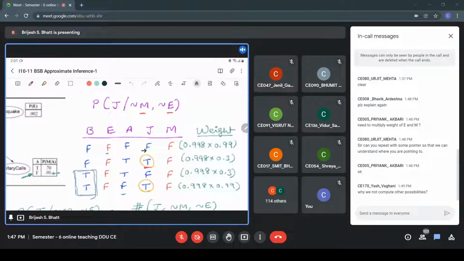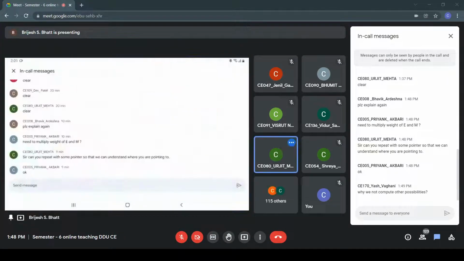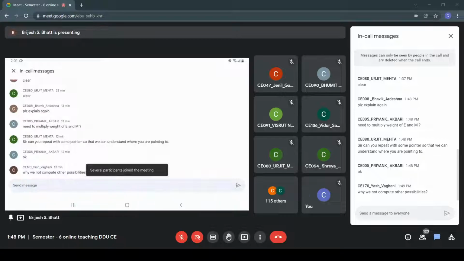So given that A is false, Mary calls remains true with a probability of 0.01, the second row of the Mary calls conditional probability table. So Mary calls remains false with a probability of 0.99. Is this clear, Urjit? Yes, sir. Okay.